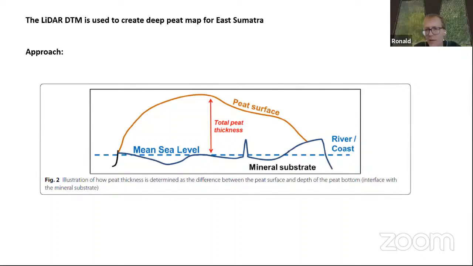We are focusing here on coastal peat domes developed some 7,000 years ago, when, at the end of the Ice Age, sea levels were rising and stabilizing. So the peat bottom is more or less close to mean sea level.